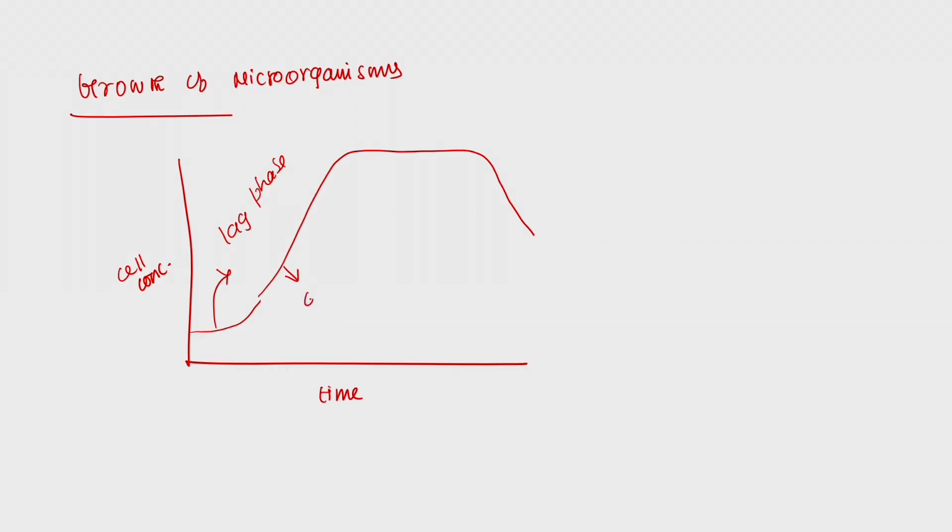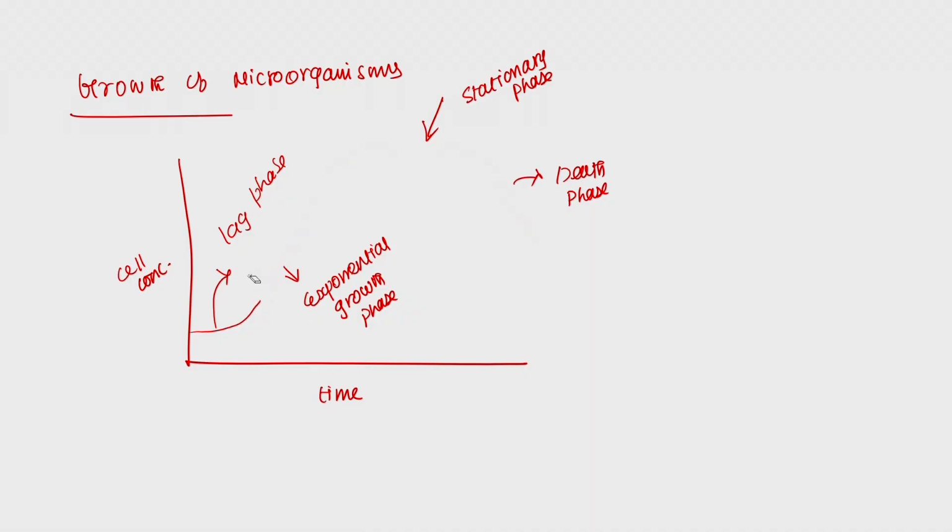This is the exponential growth phase, and this is the stationary phase. This is the death phase, right. This is the growth of microorganisms, but we are not going into detail.